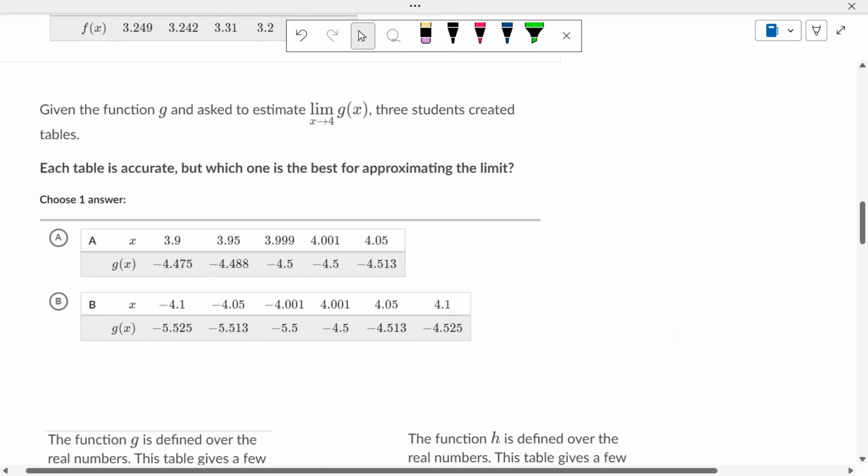So which answer is the best here, A or B, for finding the limit as x approaches 4? A or B? We got some A's, we got some B's.